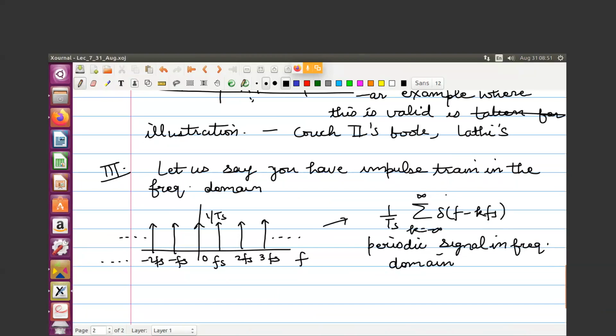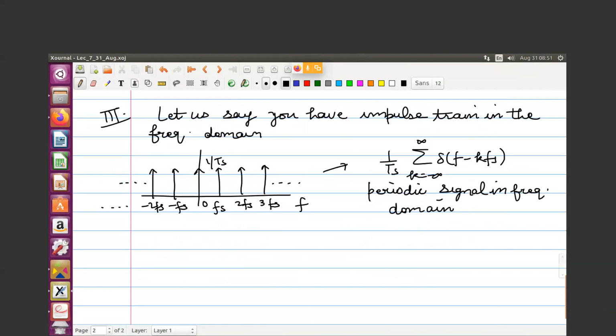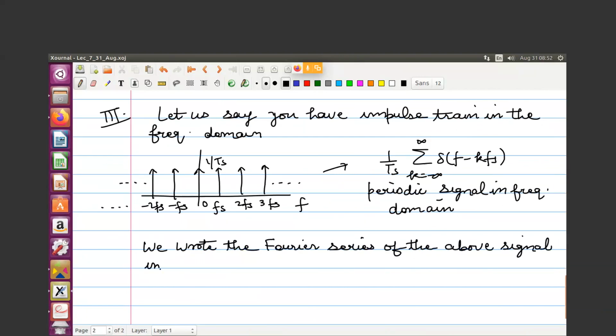So we used one result where we wrote this signal as a Fourier series in frequency. This was interesting. We wrote the Fourier series of the above signal in the last lecture, so we just used it.